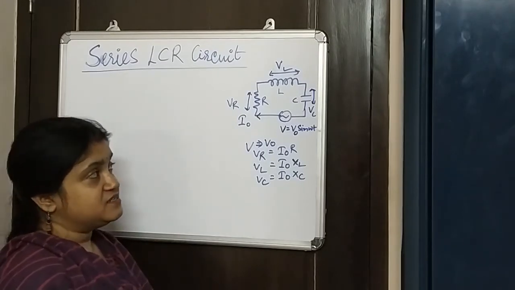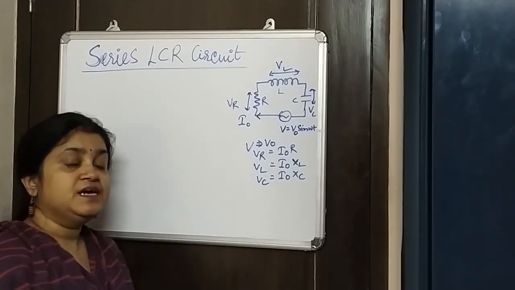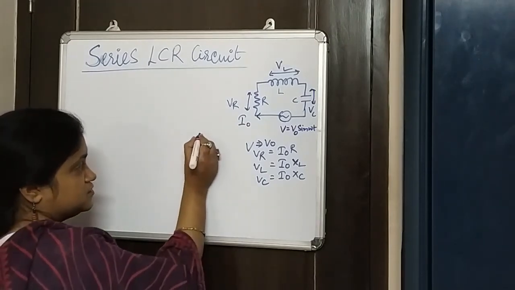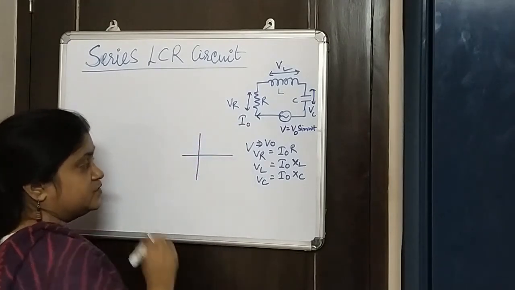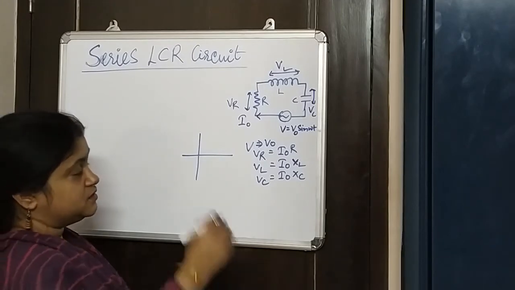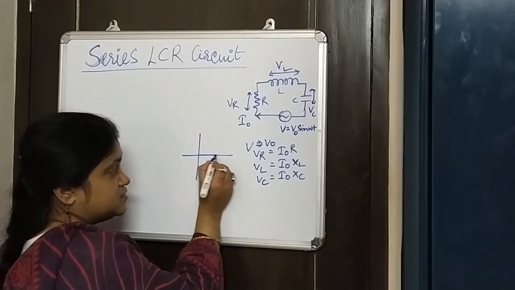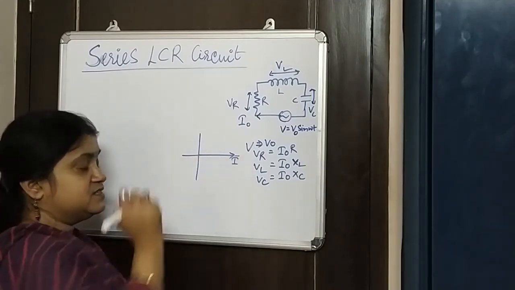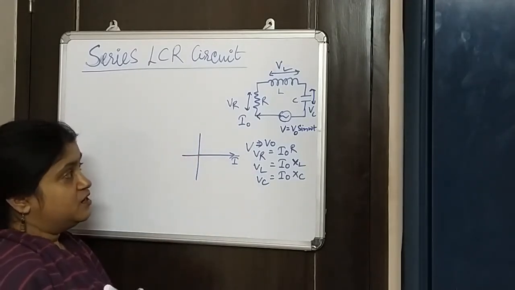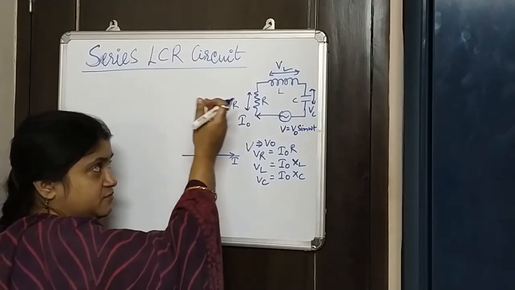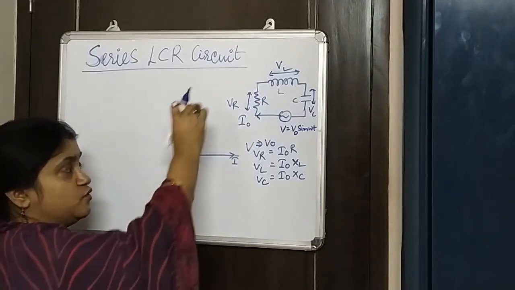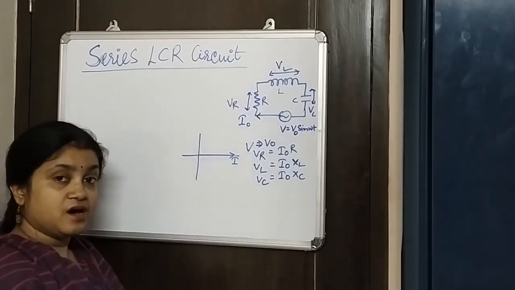Now this analysis we are going to do using a phasor diagram. Let's suppose this is a phasor diagram, and the current is I, in this direction. First we talk about the resistive element, that is the voltage drop across VR.